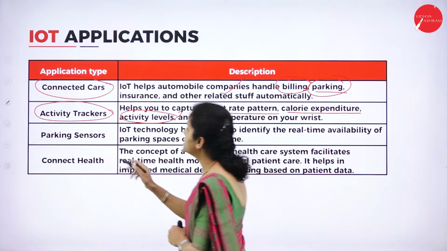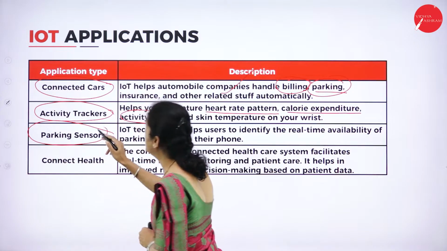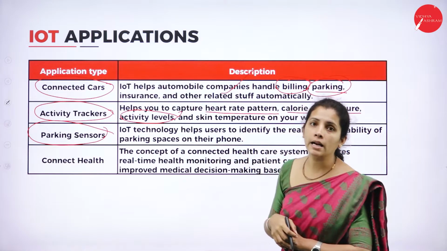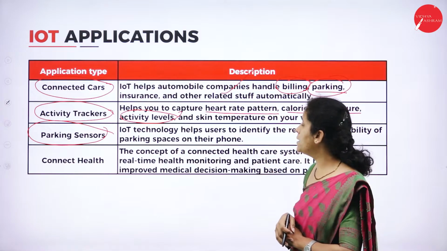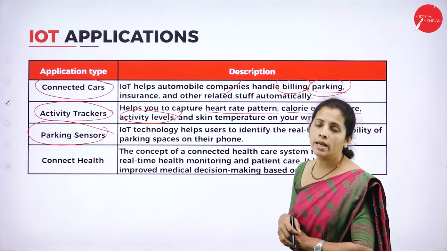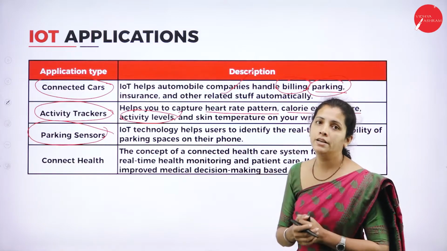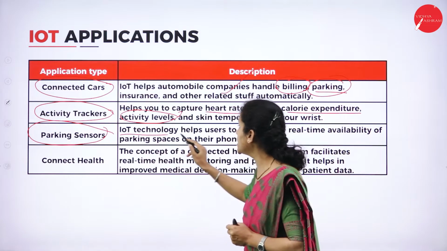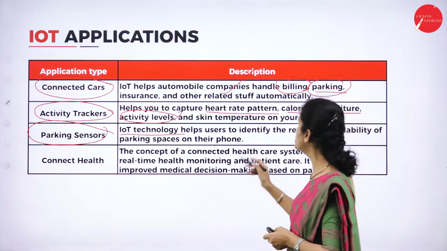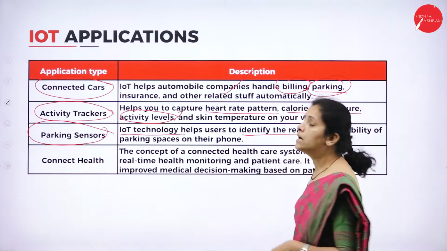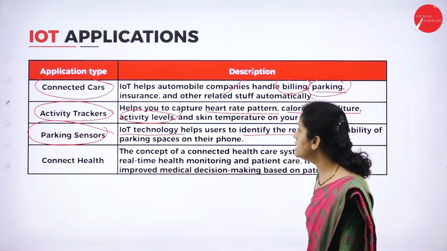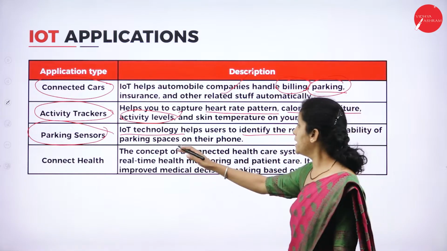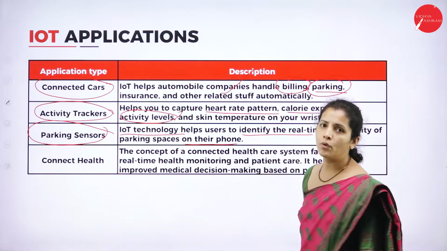Now, the next application is the parking sensor. With the help of IoT, we can identify parking areas. IoT technology helps the user identify real-time availability of parking space on their phone.